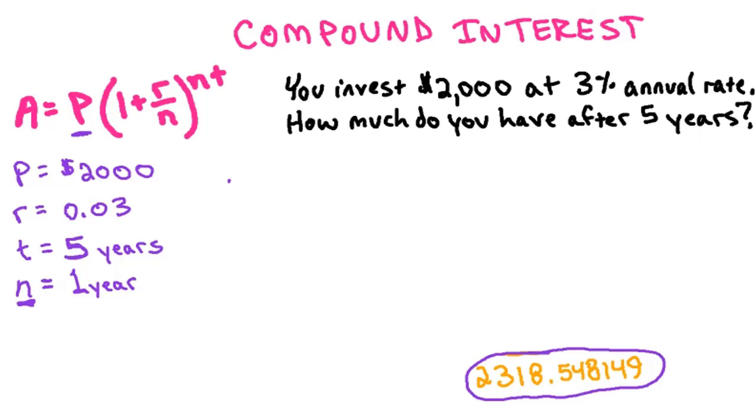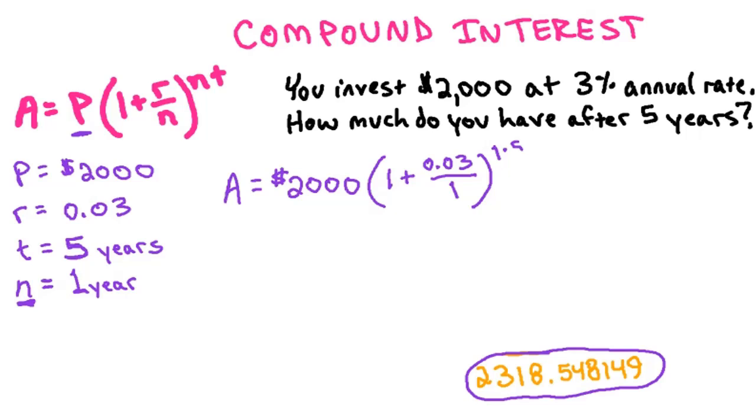So your A is going to equal P, which is $2,000, times parentheses 1 plus R, the rate, which is 0.03, over N, which is 1, close parentheses, to the power of N, which is 1, times T, which is 5.